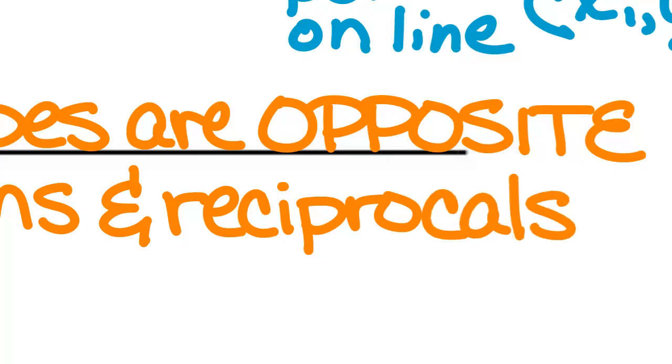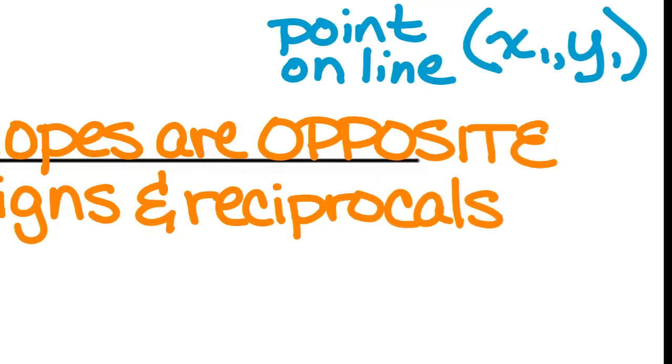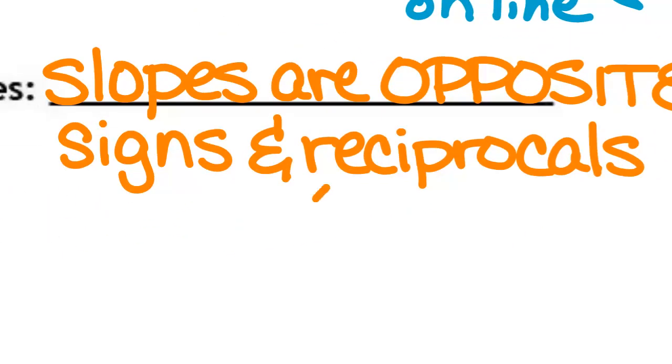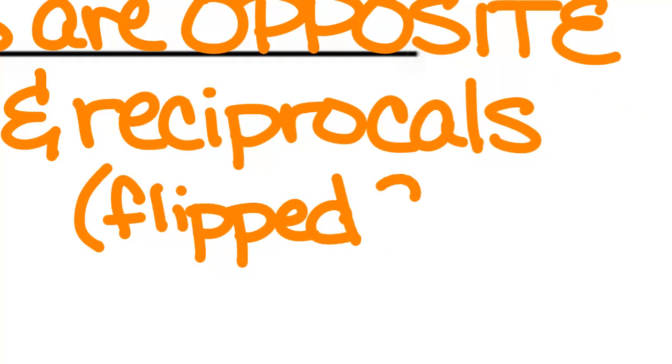Does anybody happen to remember what reciprocals are? Yes, sir. Well, reciprocal, I believe it means like you flip the denominator and the numerator, and then you change the value from positive to negative. That would be the opposite sign part. The reciprocal part is just the flipping of the fraction. You're correct. Okay. I was going to ask about what you meant by opposite sign. Yep. Reciprocal is a flipped fraction.